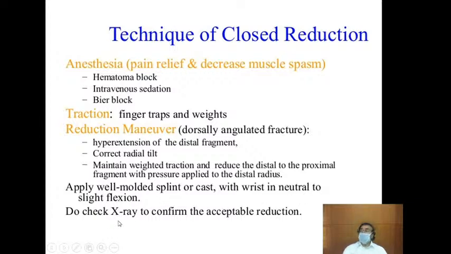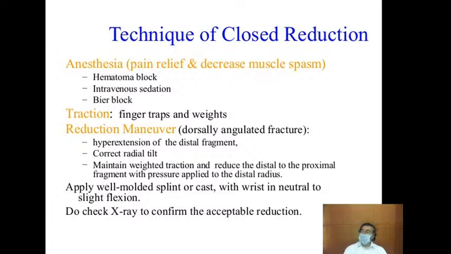Then you need to do check x-rays to confirm the reduction, and if the reduction is acceptable and if it is stable, then you go for cast conversion. And every week you need to check the plaster, and if needed you get a check x-ray and see the reduction.